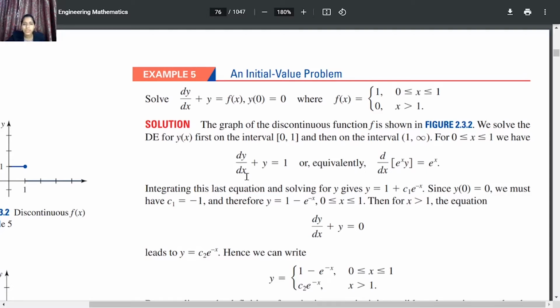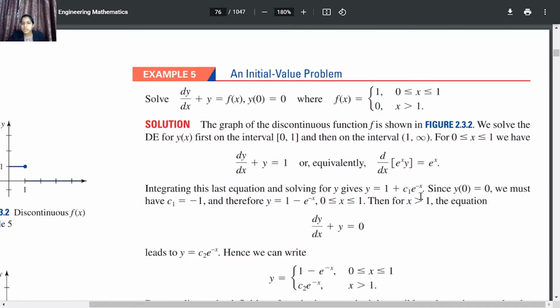So the solution will be y into e raised to x equal to the integral of e raised to x, which is e raised to x itself, plus the constant c. When we divide by e raised to x, we get y is equal to 1 plus c1 into e raised to minus x. Here they have taken c1 as the integrating constant.